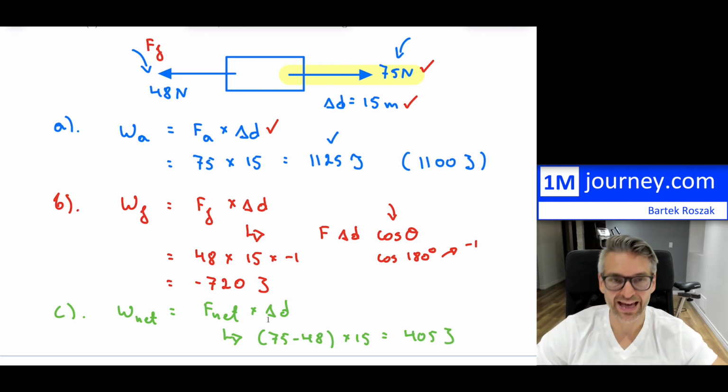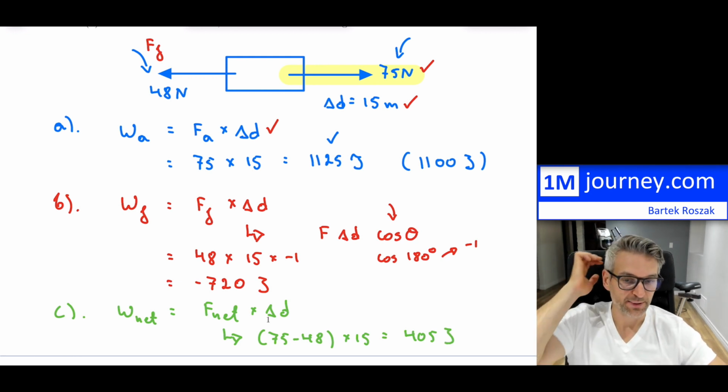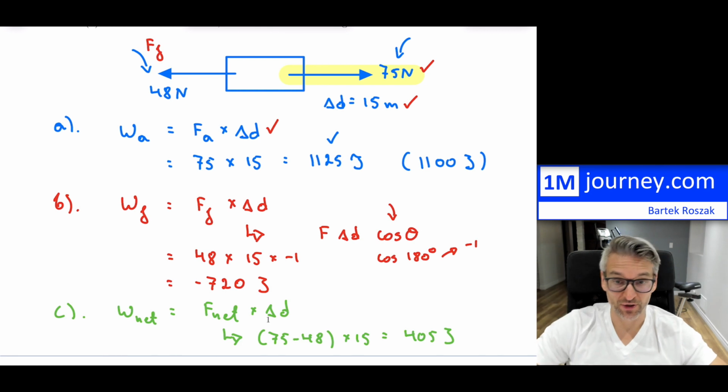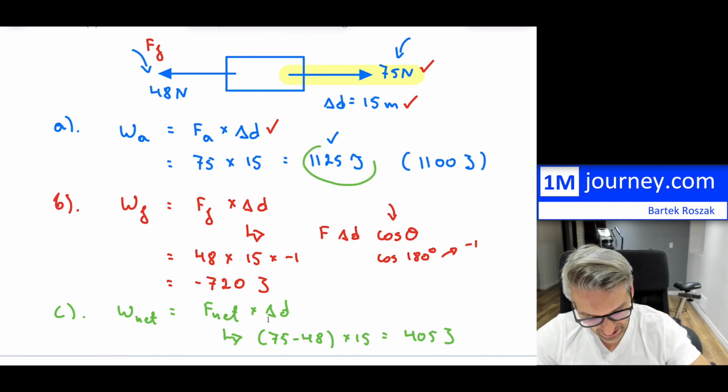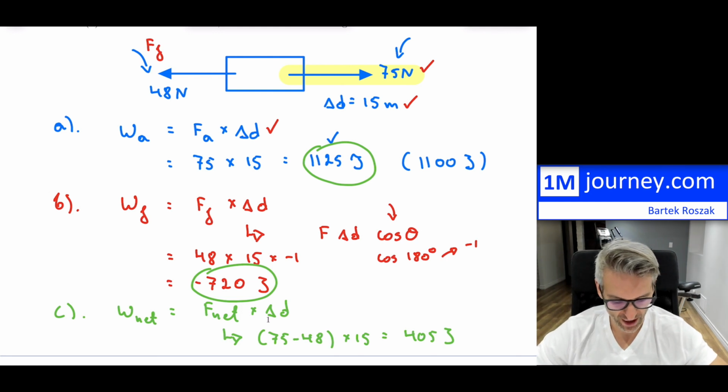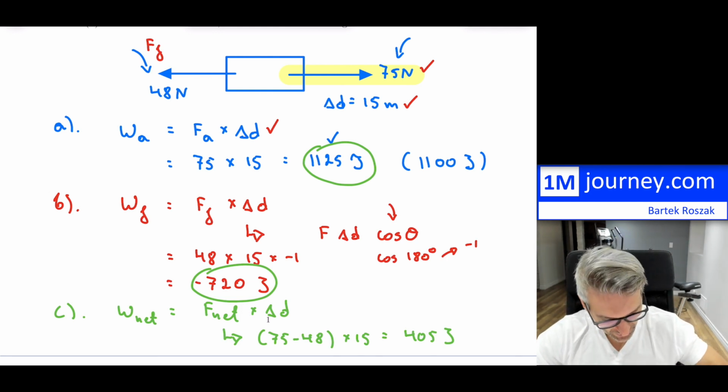And this is the net work. We could have gotten this by simply taking the applied work and then subtracting the friction work. You can try that on your own, and you would get exactly the same answer. If you want to round this to two significant figures, it would be around 410, so it's approximately 410 joules.